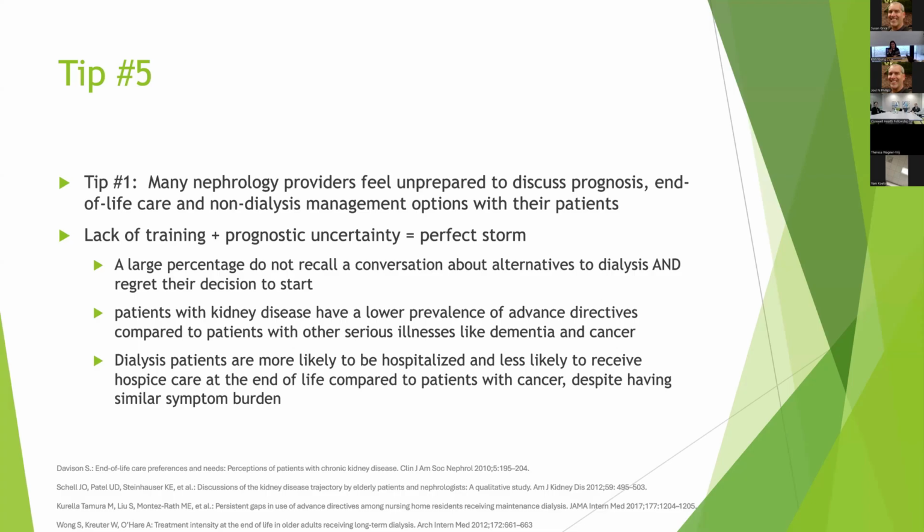So the study reflects that as well. Lower prevalence of those compared to other patients with serious illness like dementia and cancer. Dialysis patients are more likely to be hospitalized and less likely to receive hospice care at the end of life compared to patients with cancer, despite having a similar symptom burden.